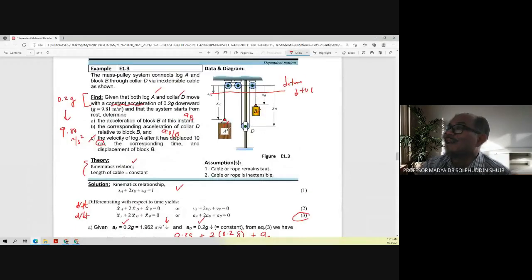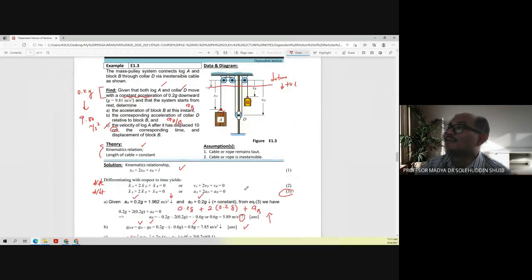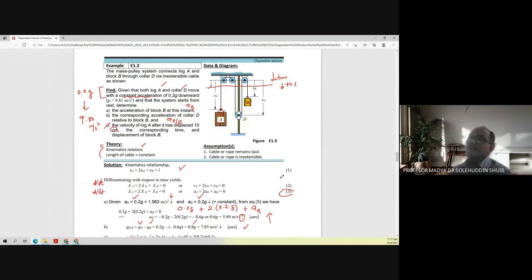Do you have any comment or question or observation on this type of problem? When we do kinetics of particles and it relates to this type of problem, you need to solve the kinematics first. The kinematic relationship must be obtained first before you can use Newton's second law.